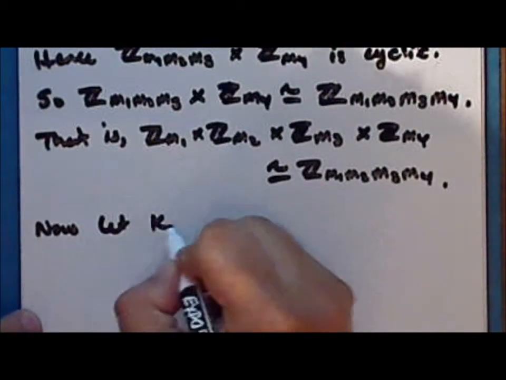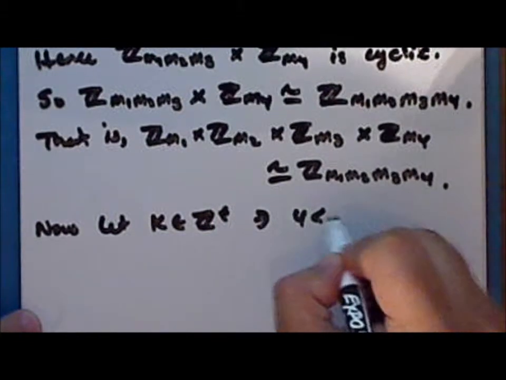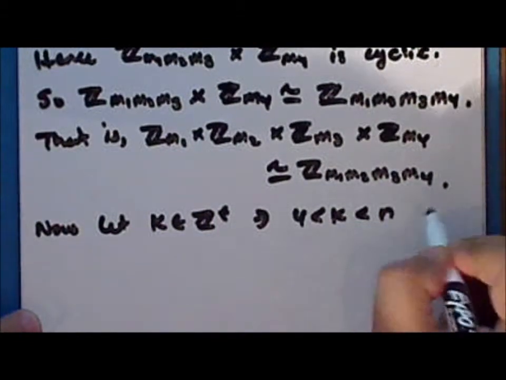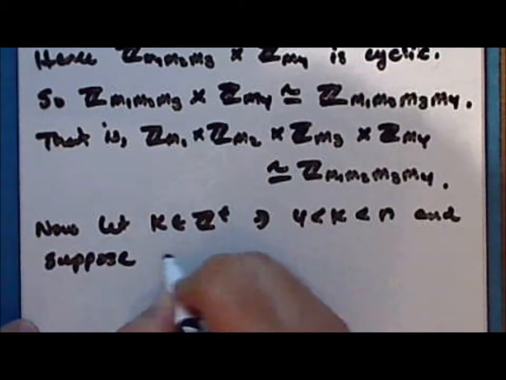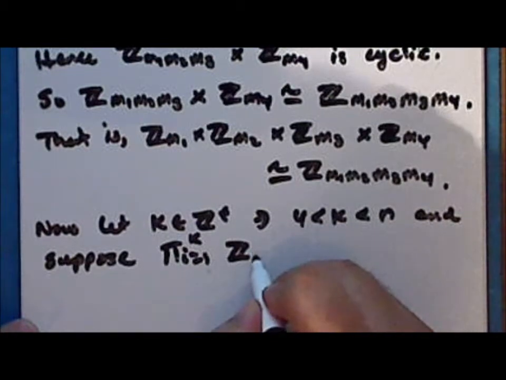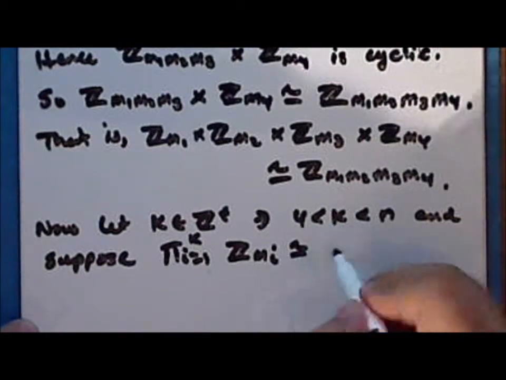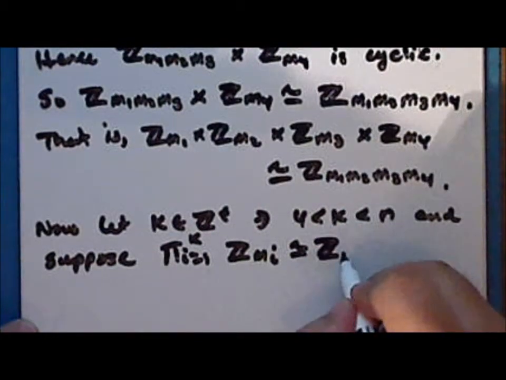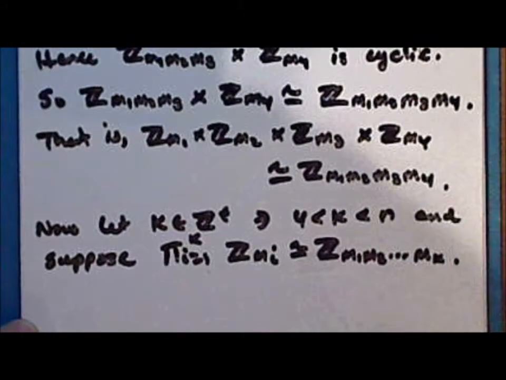Now let k be a positive integer that is greater than 4 and less than n, and suppose that the product of the integers modulo m sub I is isomorphic to the integers modulo m sub 1 times m sub 2 and so on through m sub k.